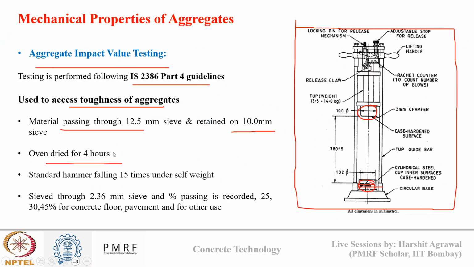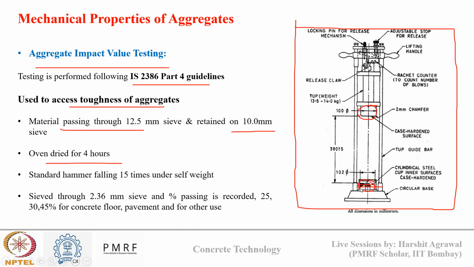This diagram you can find in the standard also, IS 2386 Part 4. As per the standard, there is a specific design that is given. The height between the load and the aggregate, the collar, the release lock, and everything you can see here. It is a detailed drawing.